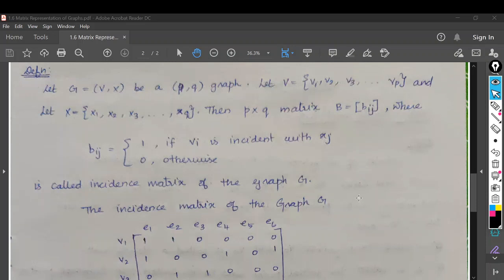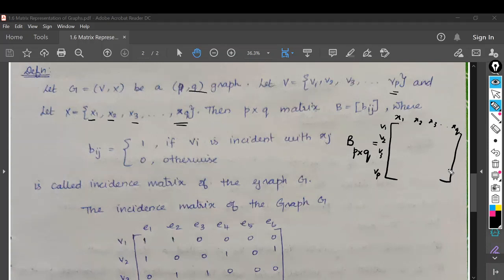Let G equals (V, X) be a (P, Q) graph, where V is equal to V1, V2 up to Vp, it has P vertices, and X is equal to X1, X2, X3 up to Xq, it has Q edges, right? Then in that case, your incidence matrix is a P cross Q matrix, which means that your vertices are taken in rows and your edges X1 up to Xq are taken in columns.